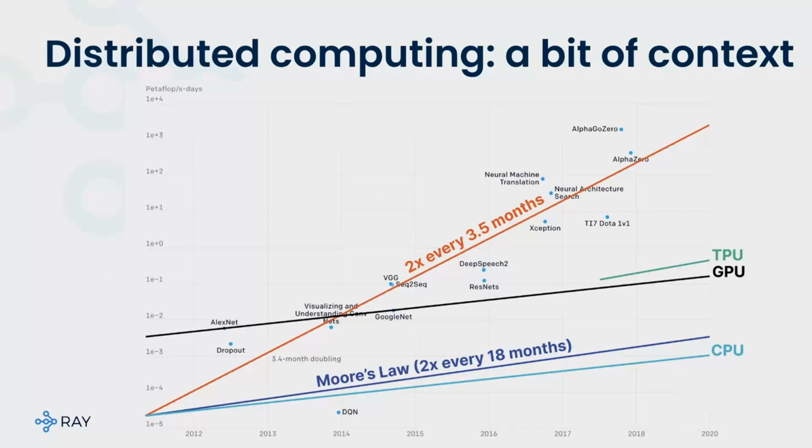This is because the size of these models grows, but also the complexity of ML pipelines grows, so to keep up with this pace of development, you have no other way than to distribute your workloads across multiple GPUs, nodes, and machines, as the progression of CPU and GPU capabilities simply does not keep up with the demand for compute.